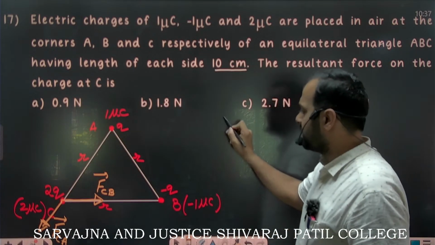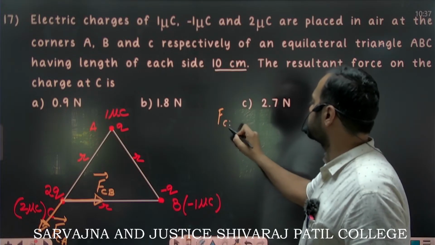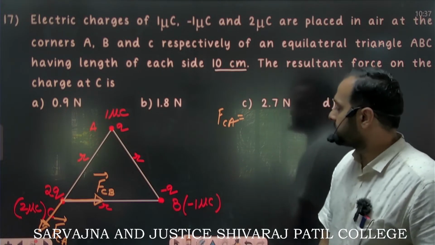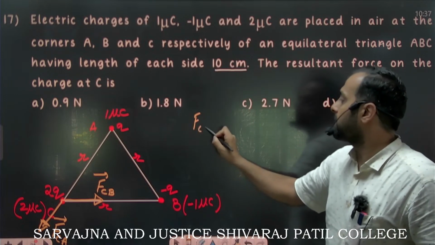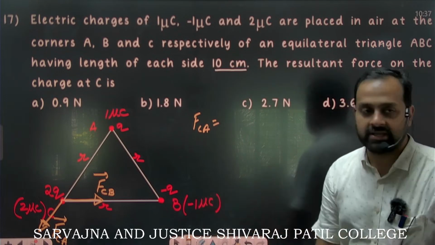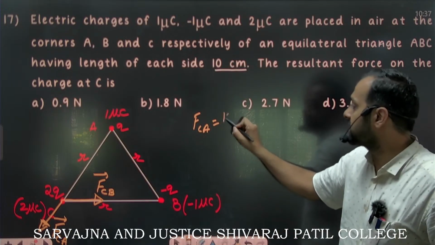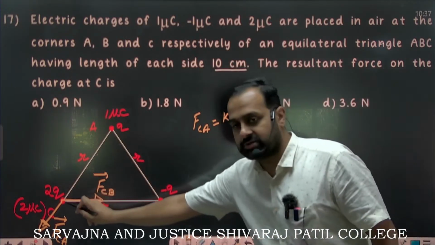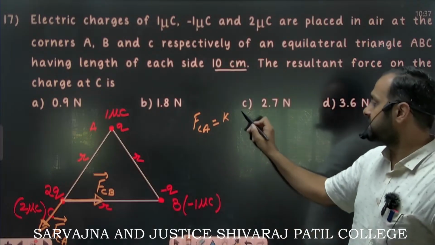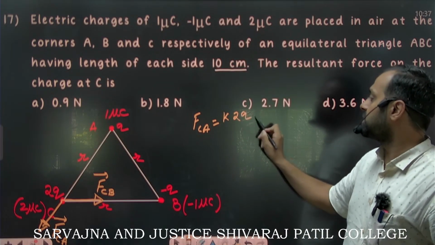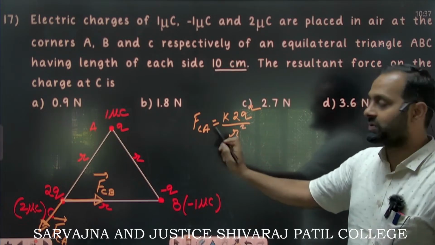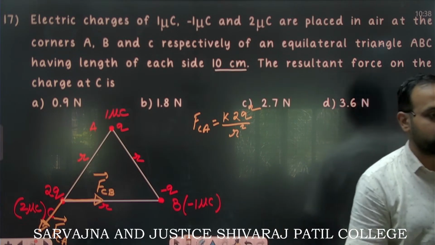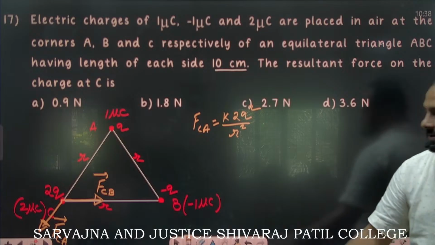Can you calculate and tell me what will be the value of F C A? What is this? Force on C because of A. Magnitude, it will be simply K into this is Q and this is 2Q. So how is it? K into 2Q square divided by R square. Yes or no? F C A will be K into 2Q square divided by R square. Okay.